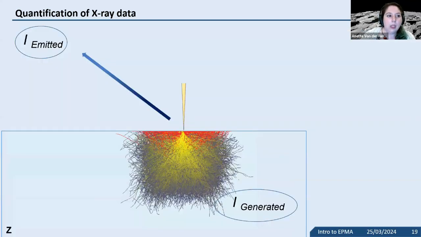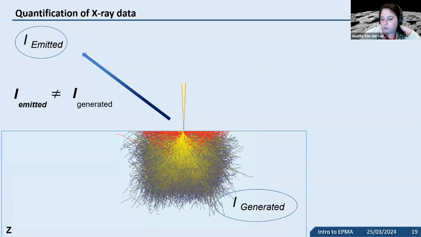In addition, usually we have the problem that while we are analyzing, recording, detecting the emitted X-ray intensities, what we are really interested in are the generated X-ray intensities. And unfortunately, those are not always one-to-one.